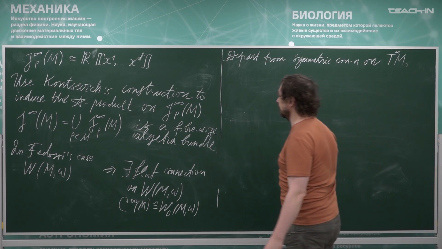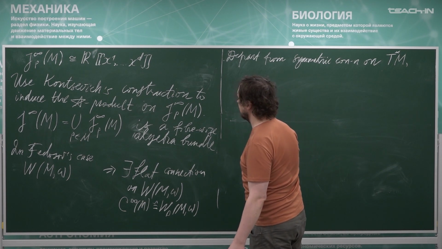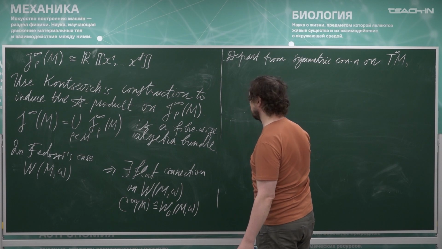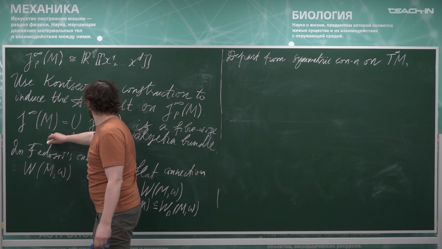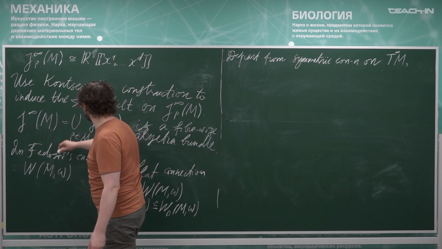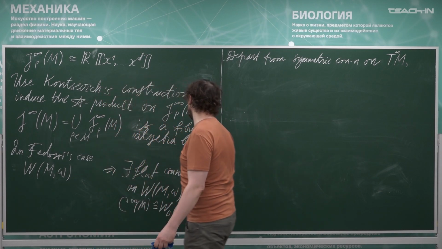And then you modify it by adding terms, adding the commutators with sections of this vector bundle.